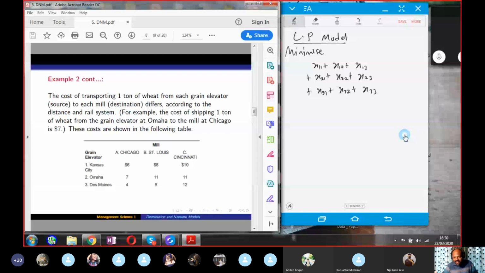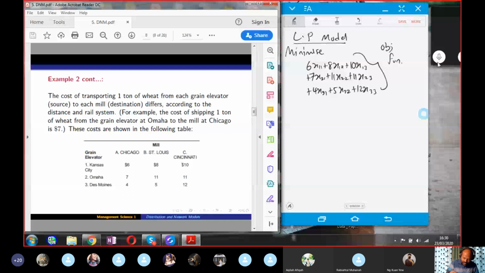After this, what do you have to do? Times the corresponding cost: 6, 8, 10, 7, 1, 1, 1, 1, 4, 5, 12. So this would be your objective function. Of course, you don't need to write this. This is just for your understanding.